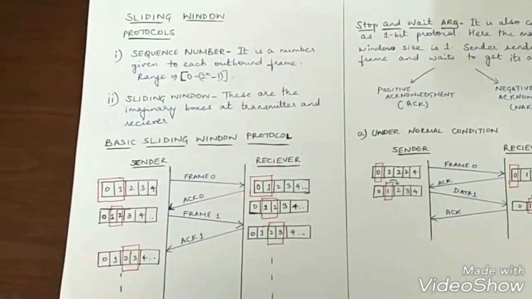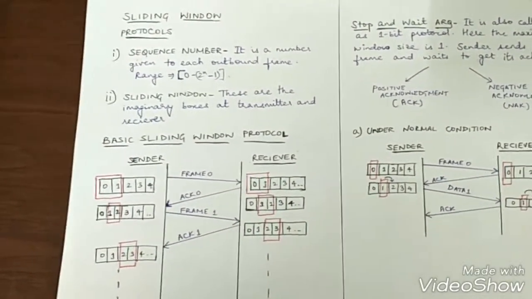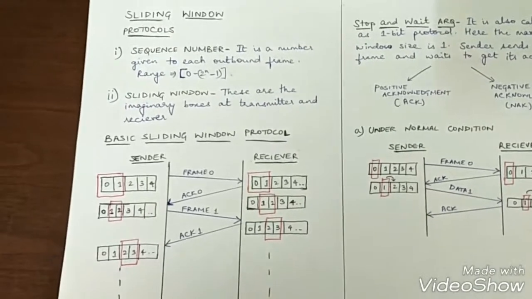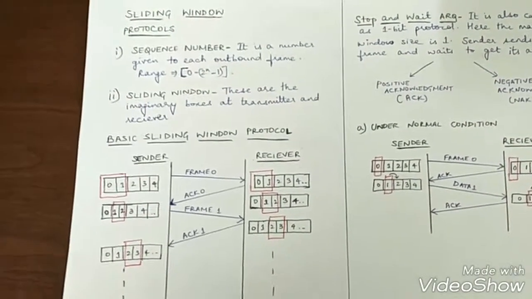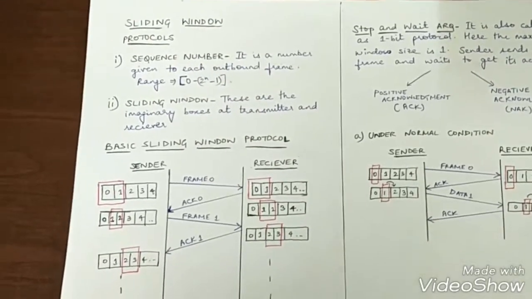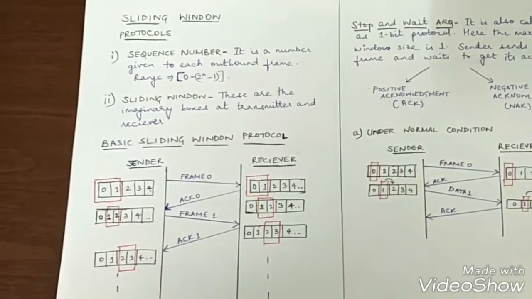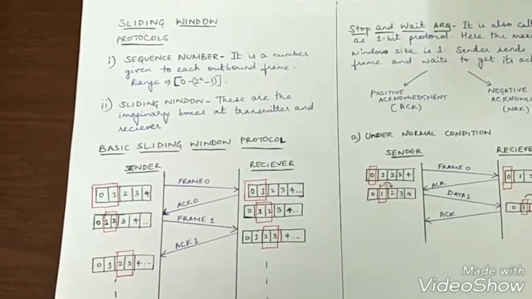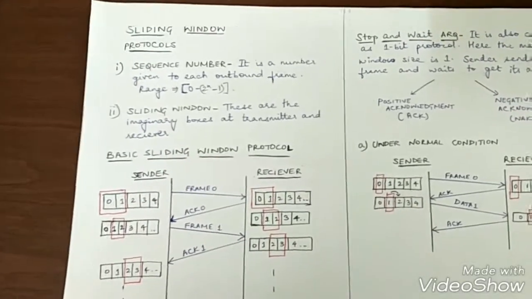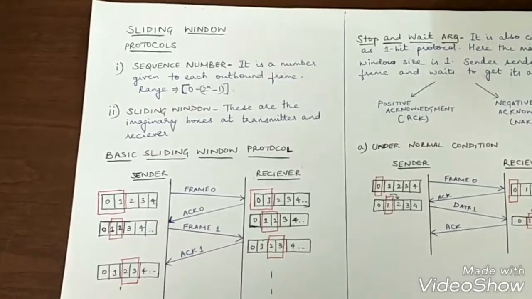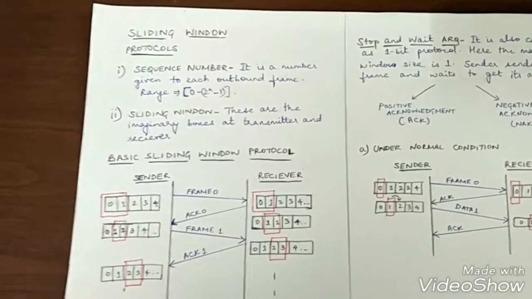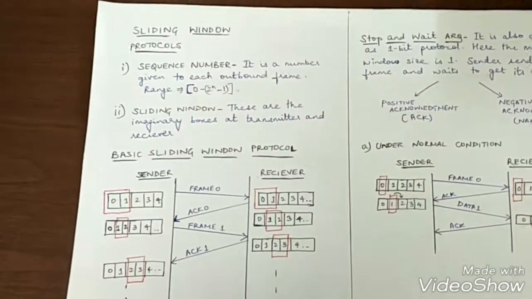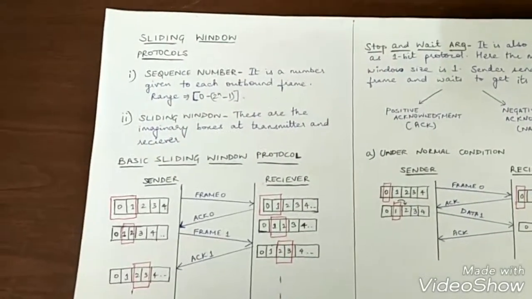So now the sliding window position will be shifted at both sides. It means that the receiver can accept 1 and 2. So we can see that the receiving sliding window moves in the right direction when the data is received and acknowledgement is sent. And the sender sliding window moves in the right direction when the acknowledgement is received. So this is how a basic sliding window works.